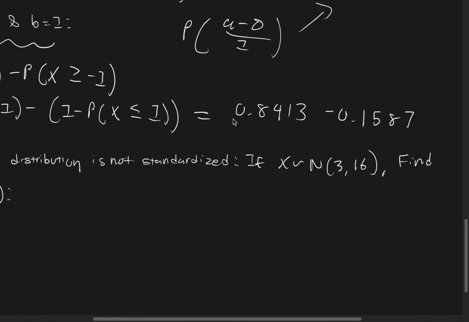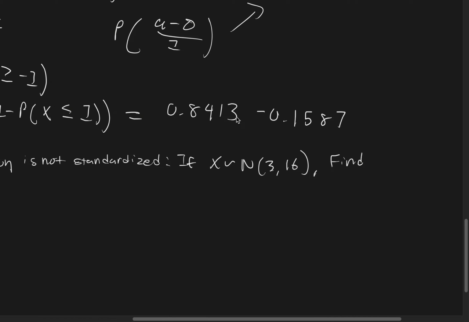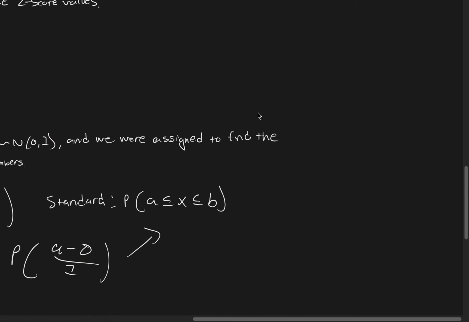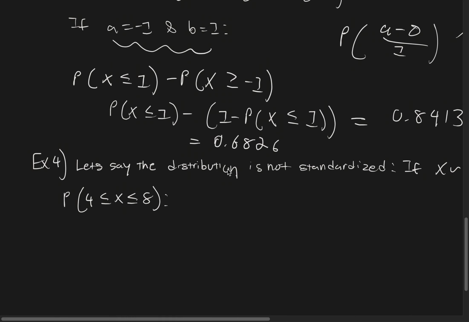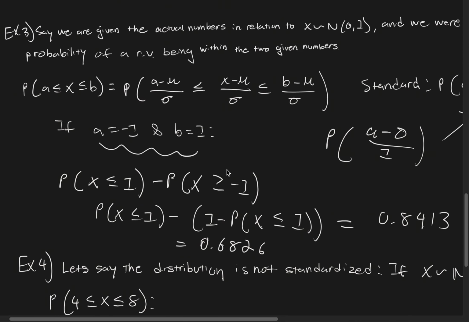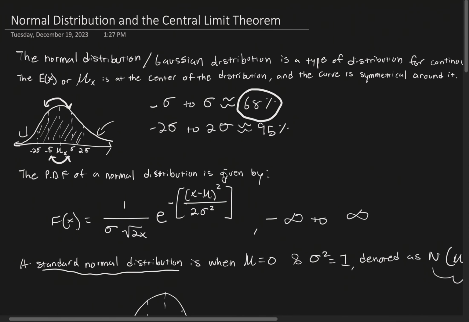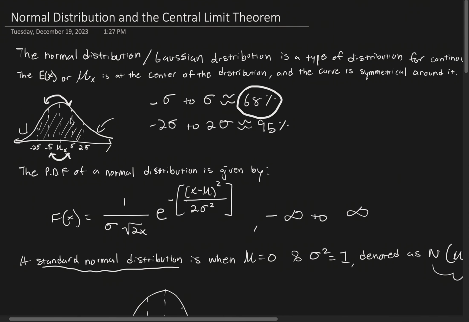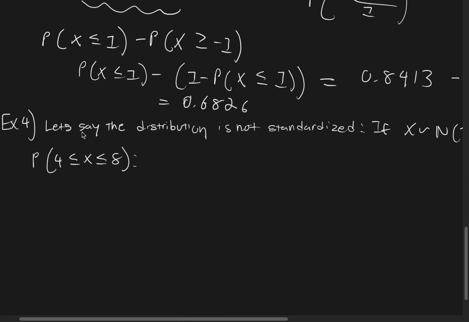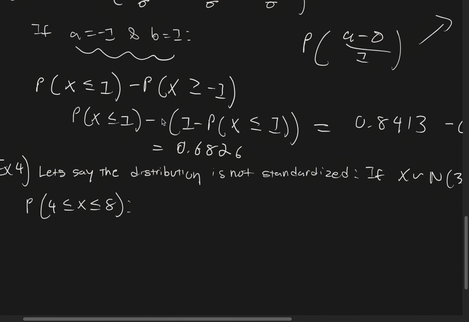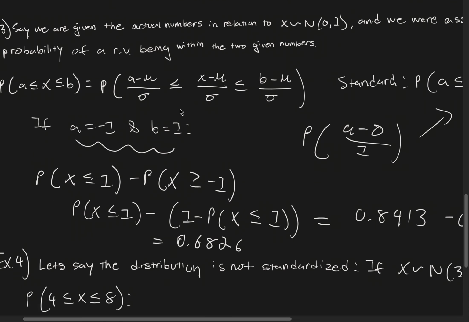Again, we have to subtract from 1, so make sure you don't make that mistake. That comes out to be 0.6826. And that should be a number we're familiar with because, like I mentioned above, that's the probability of a random variable landing within one standard deviation, and that's what we measured here from -1 to 1, because we are using a standard normal distribution.